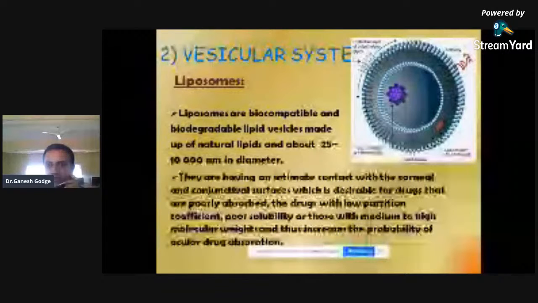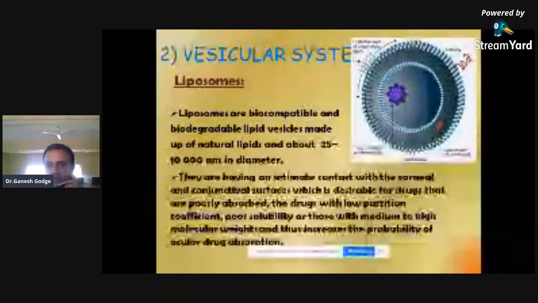Though vesicular drug delivery systems are very much useful for treatment of ophthalmic diseases, they have the drawback of instability. If you have discussed liposomes in your pharmaceutics earlier, you might be aware that liposomes are the vesicular drug delivery system in which you can incorporate both kinds of drug, that is hydrophilic as well as lipophilic.